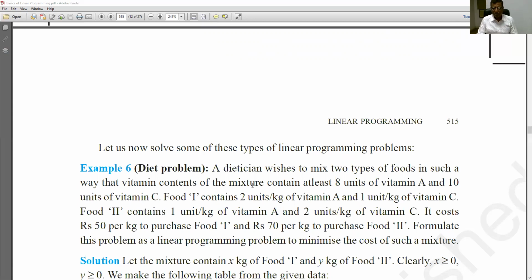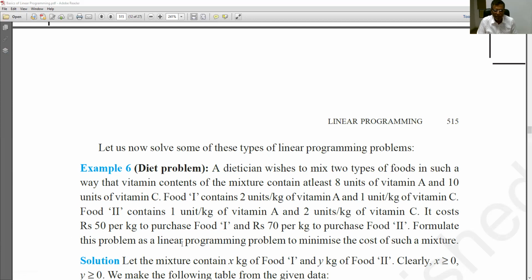A dietitian wishes to mix two types of foods in such a way that the vitamin contents of the mixture contain at least 8 units of vitamin A and 10 units of vitamin C. Food 1 contains 2 units per kg of vitamin A and 1 unit per kg of vitamin C. Food 2 contains 1 unit per kg of vitamin A and 2 units per kg of vitamin C. It costs rupees 50 per kg to purchase food 1 and 70 per kg to purchase food 2.